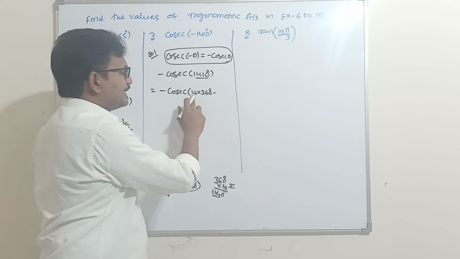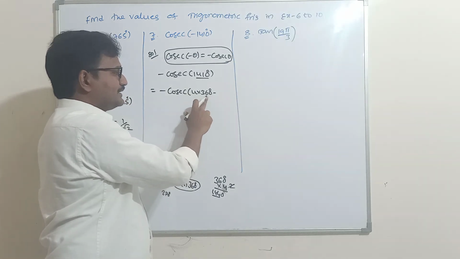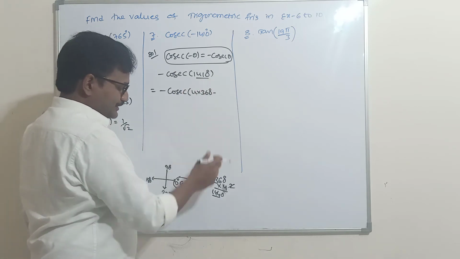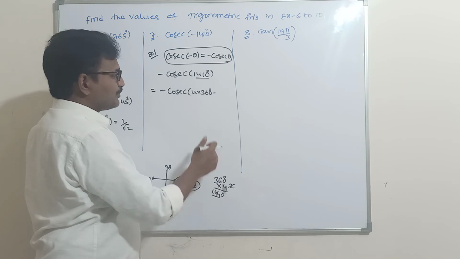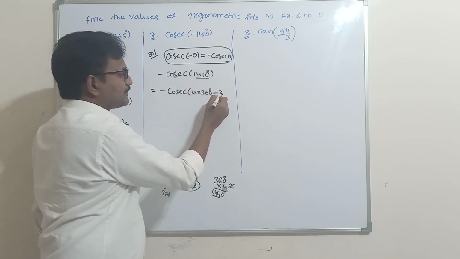So make the maximum number of multiples of 360 degrees which is near to the angle. So 4 into 360, how much did we get? 1440. To get 1410, how much do I need to subtract?